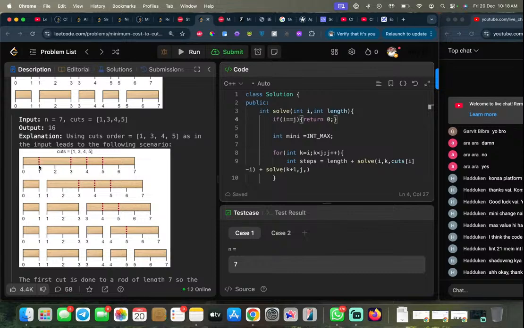Let's say the first cut is at 0. Okay. Now, can I pass this?